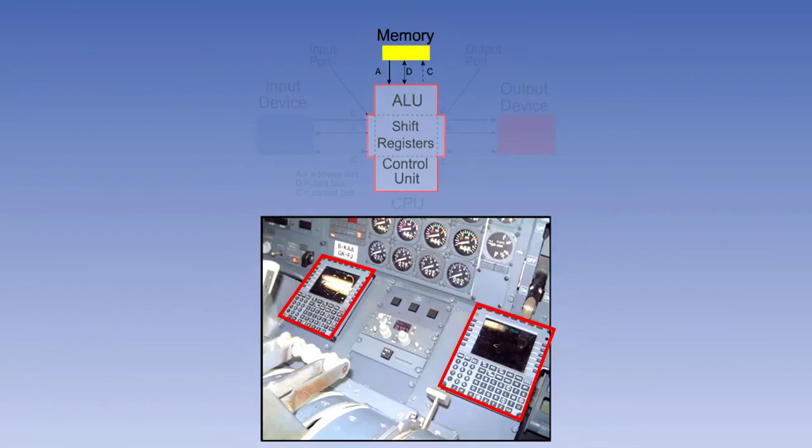Electronically alterable read-only memory, or EAROM, is a special type of ROM that can be electronically altered. This type of memory is used to hold the database of an aircraft's flight management system computer. The computer contains a worldwide database of all airfields, navigation aids, airways, and so on.